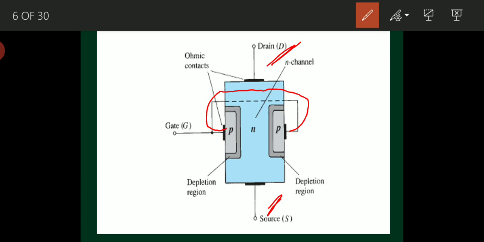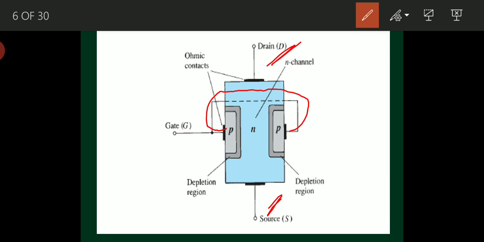The drain and source are connected to the ends of the n-type channel, and the gate to the two layers of p-type material. Actually it is a single p-type layer, but in this diagram, as it is a longitudinal cut section, you can see it as two semiconductor layers of p-type material, right?